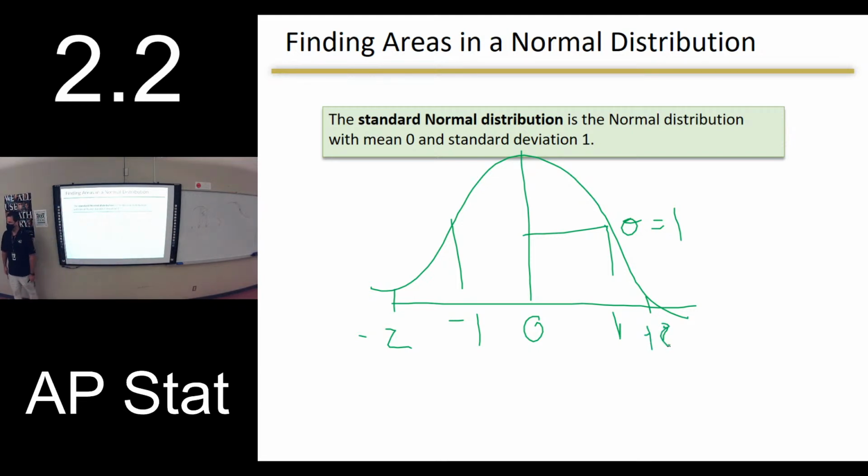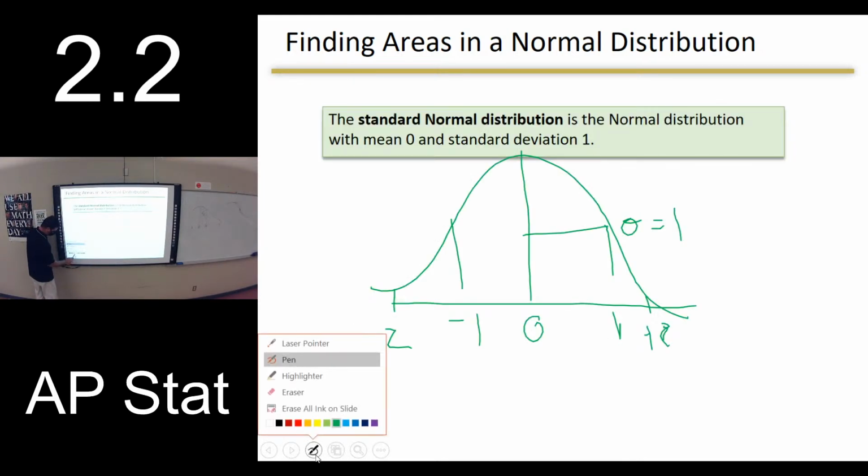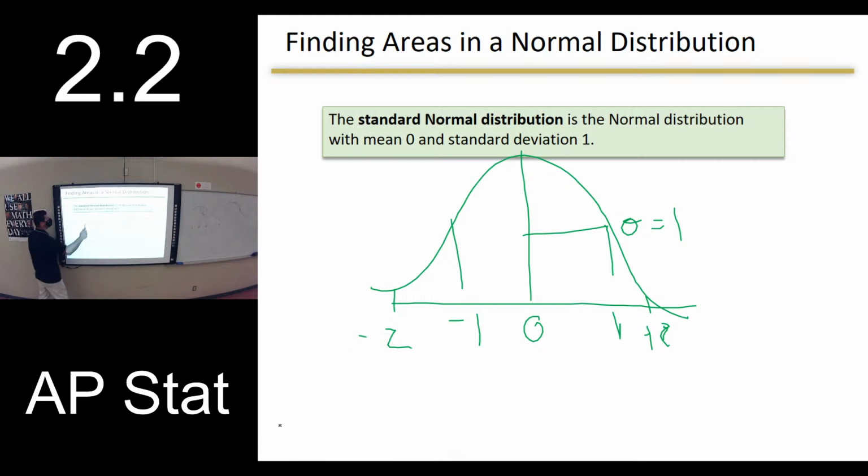So that's the standard normal distribution, or what we might call now a Z distribution. The standard normal distribution is the same thing as a Z distribution. Because we become lazy and we don't like writing standard normal, so we'll just call it Z.